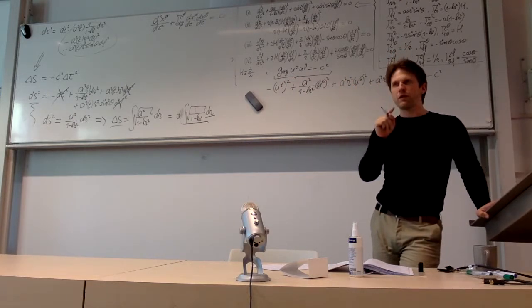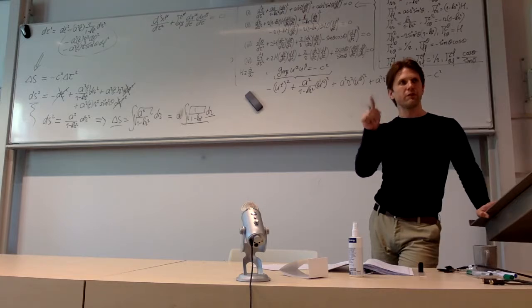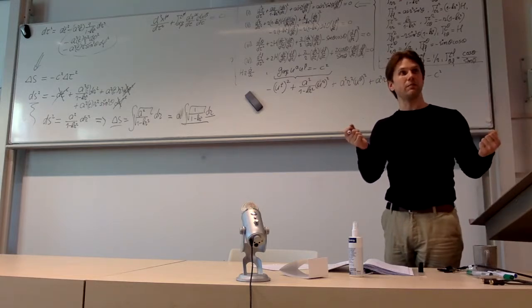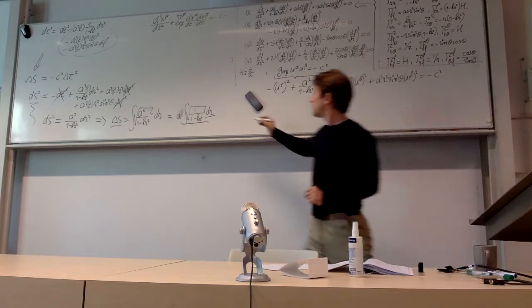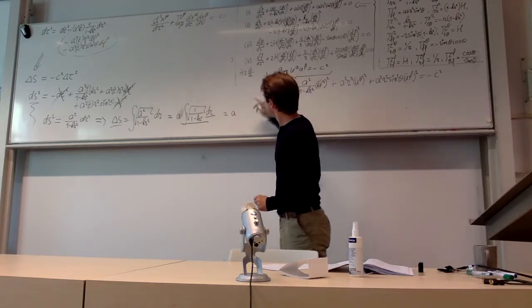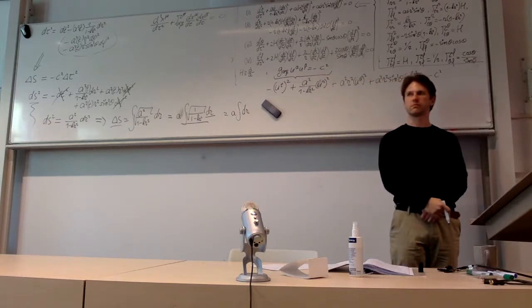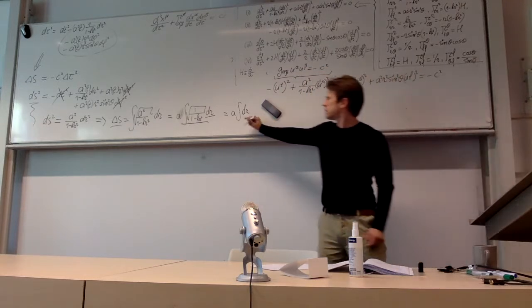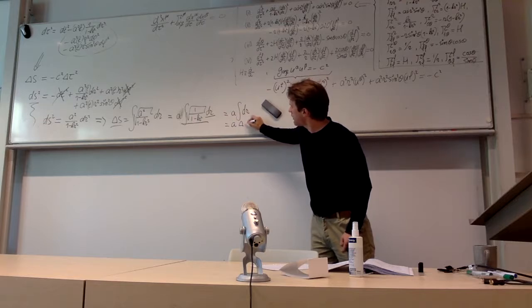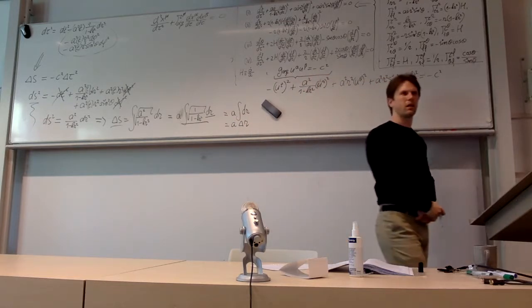Let's take the very special case of a Minkowski flat expanding spacetime, so K equals 0. Then you would get this. Or, if you will, a times delta r. Do you see that?